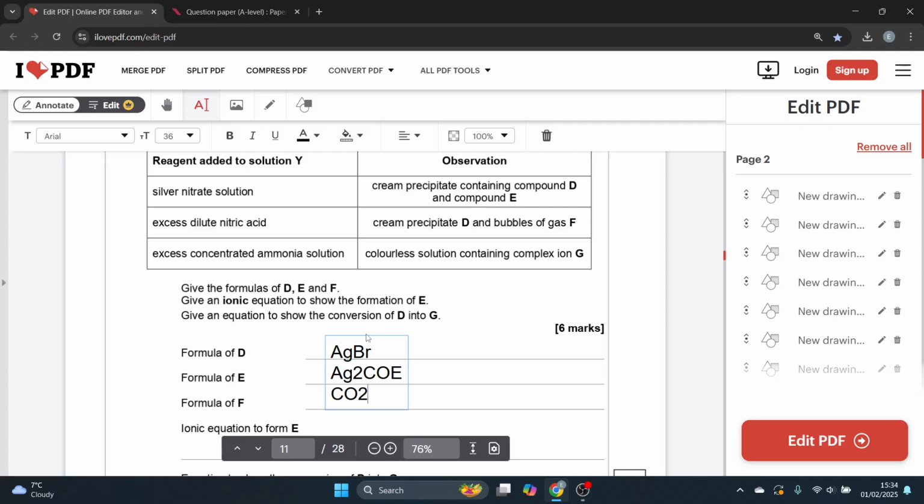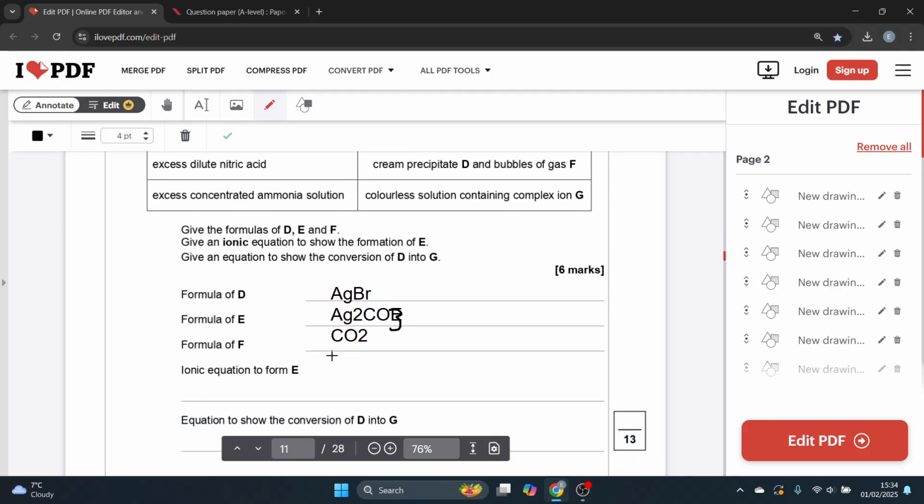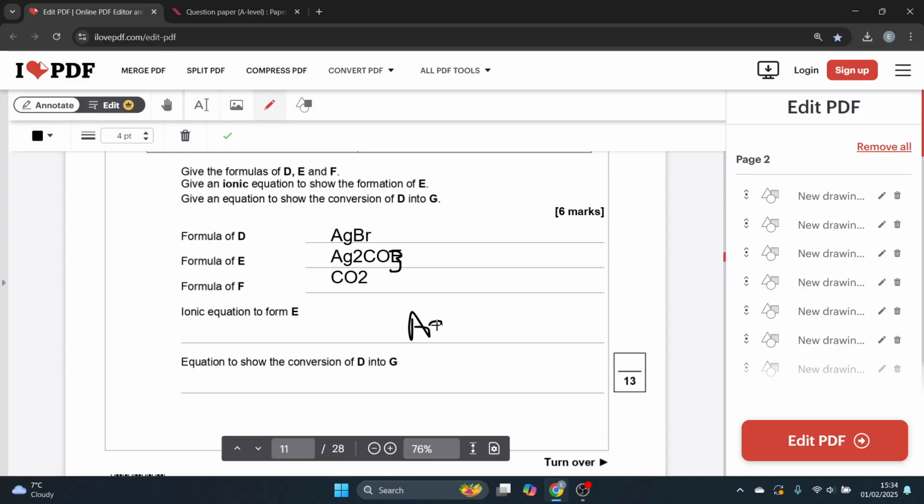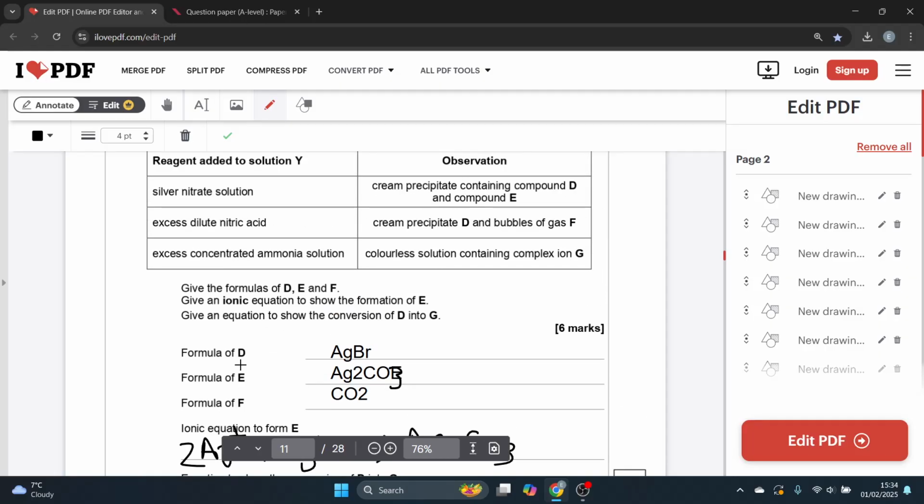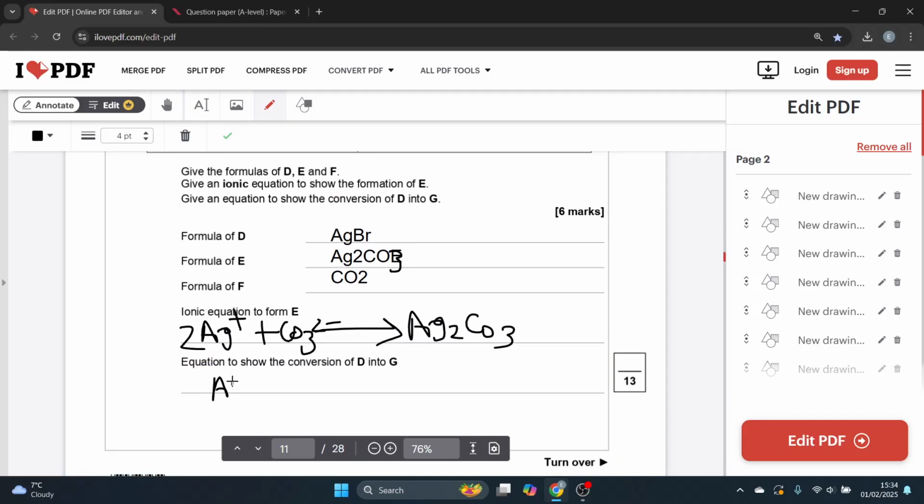And then the ionic equation to form E: to form Ag2CO3, this is actually a really easy question. It's just going to be your Ag+, 2 of them, plus your CO3 2-. That's it.